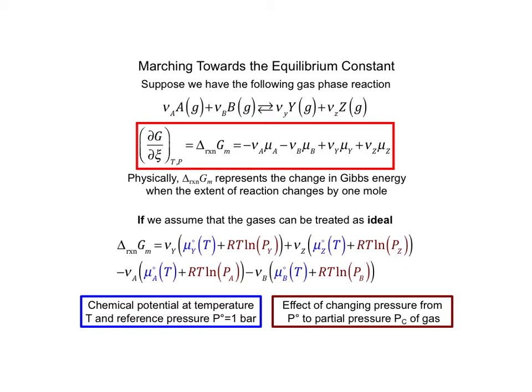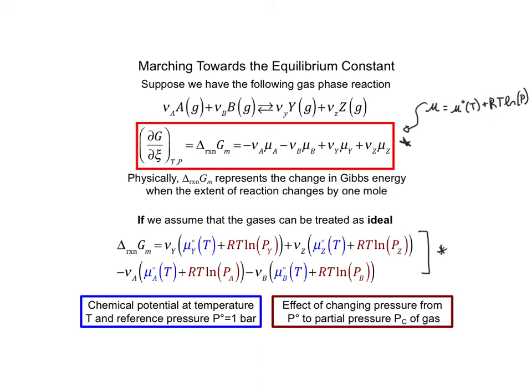Okay, so now what are we going to do? We're going to do some more substitutions and some more algebra. We're going to make this delta G expression that we had simplified down. We are going to plug in the fact that now we know that our mu is equal to mu naught plus RT ln of P. And we're going to plug that in to our expression for delta G, giving us this very complicated expression.